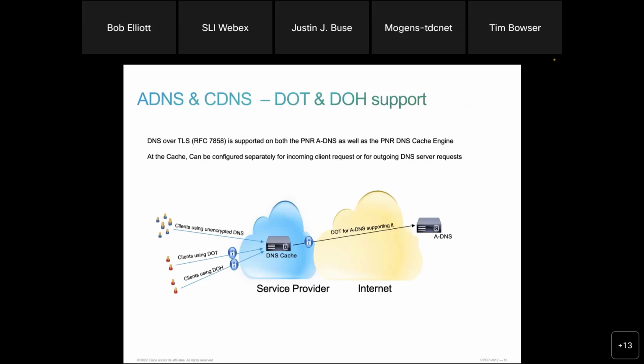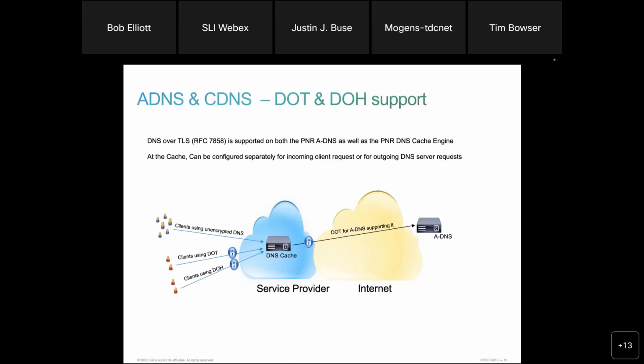So here's a little more information on DNS over TLS. It is supported on both the authoritative DNS servers as well as the PNR DNS caching server. At the cache, it can be configured separately for incoming client requests or for outgoing DNS server requests.